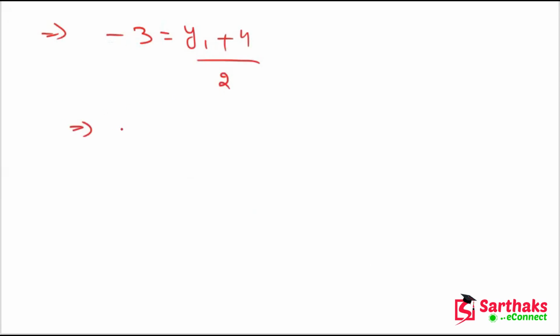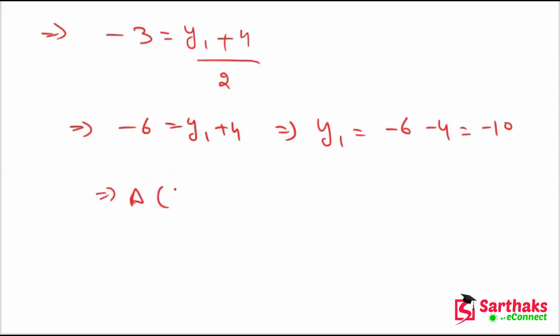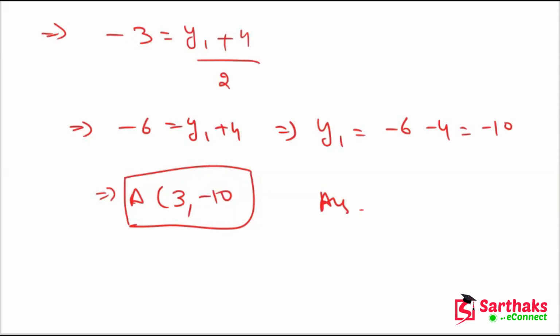So now -6 equals y1 plus 4, which gives y1 equals -6 minus 4, which is -10. So we have the point A as (3, -10). This is our required answer.